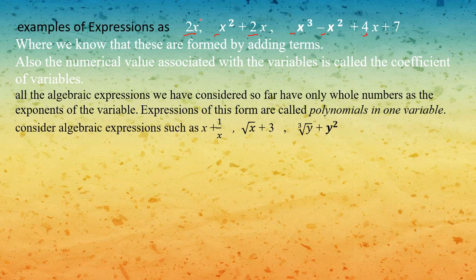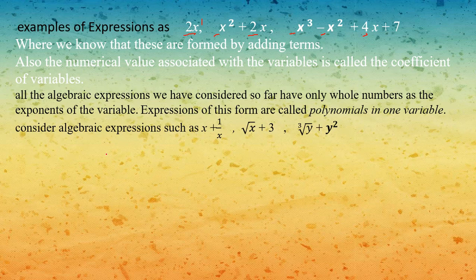Now let's talk about the exponents of the given expressions. In the first example 2x, the exponent is 1. In the second example, the exponent is 2. Here the exponent is 3, then 2, then 1, like this.